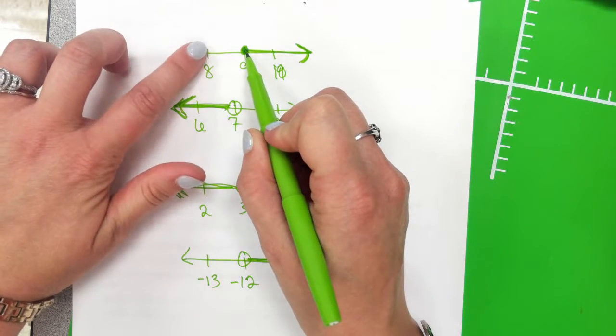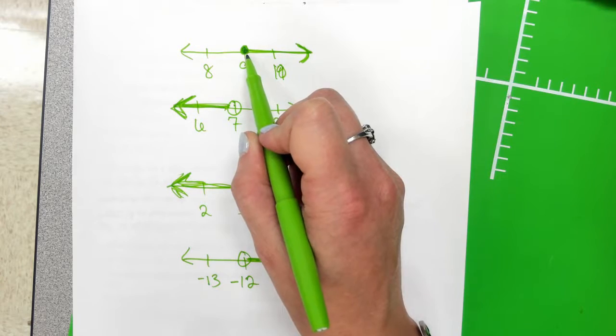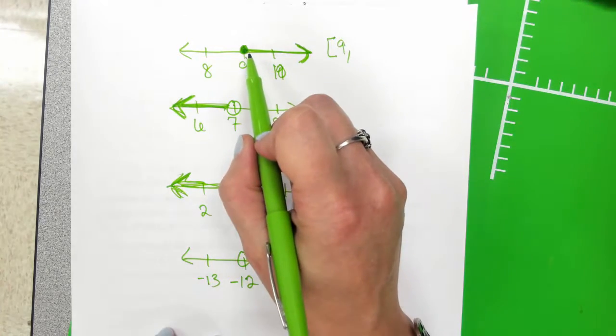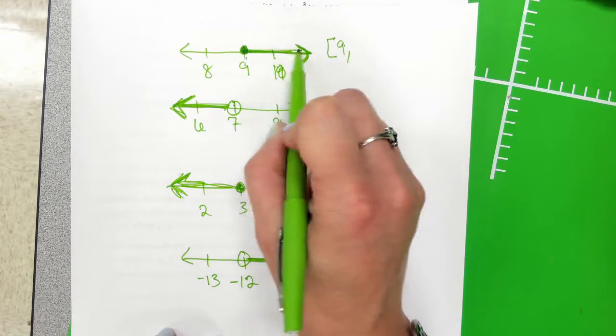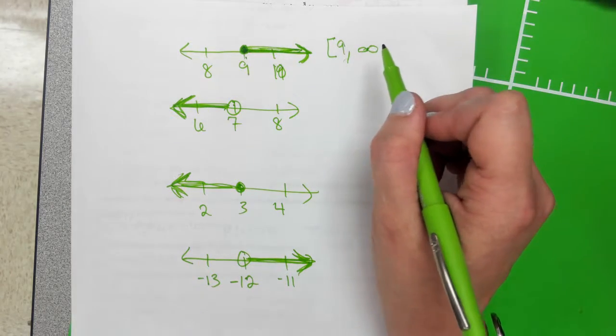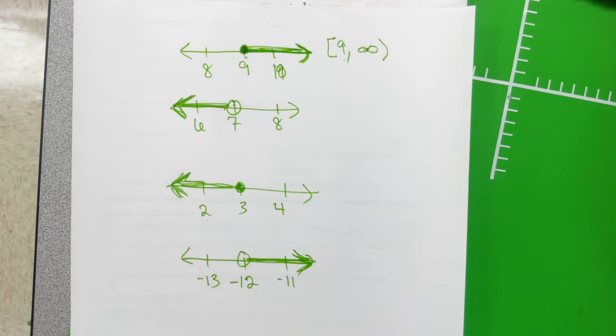Does that 9 get a parentheses or a bracket? Why? And then how far to the right does it go? Infinity, forever. See how it's shaded? It's going forever and ever, and it's going right, so it's positive. And infinity always gets a parentheses. That's it.